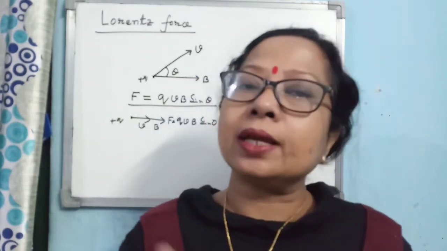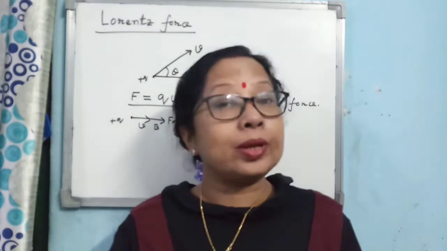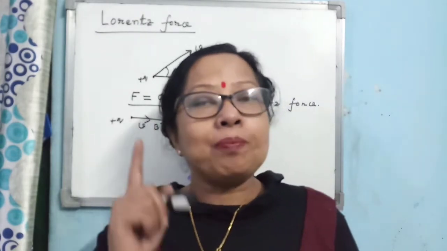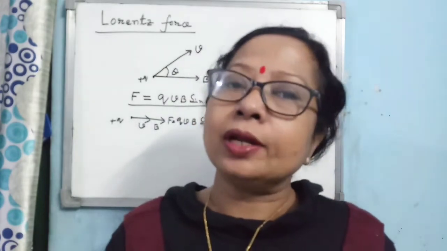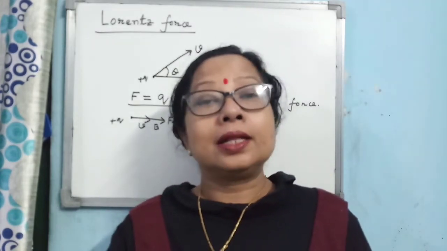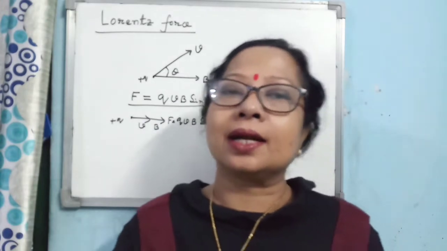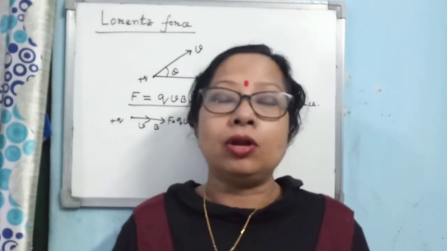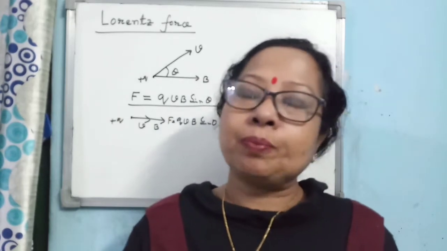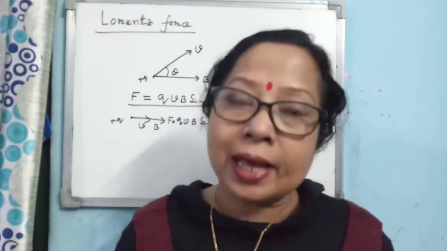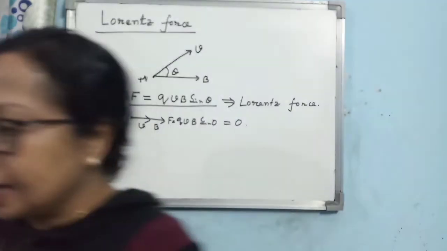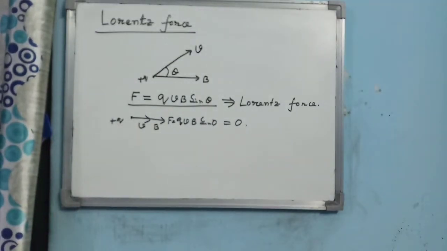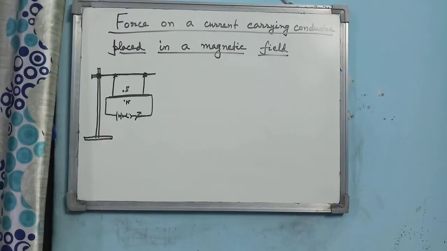The moment you are saying current carrying conductor, it means that within the conductor charges are moving. And you have placed the conductor in a magnetic field. So what will happen? The moving charges inside the conductor will experience a force. So we can say that as a whole, the conductor will experience a force when it is placed in a magnetic field. Now the question arises, how much force will it experience?